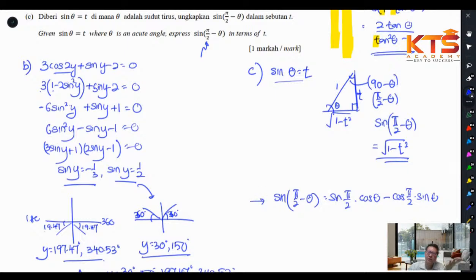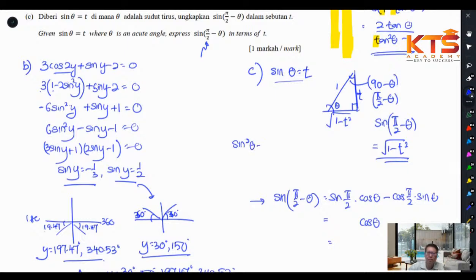Otherwise, I will be using this formula, but it's only 1 mark. Sine 90 is what? Sine 90 is 1. Cos theta. Cos 90 is 0. So it's cos theta. If it is 2, 3 marks, I will be using this working.